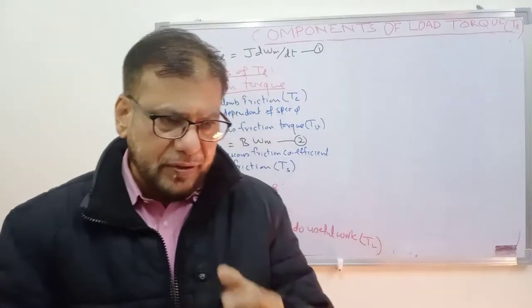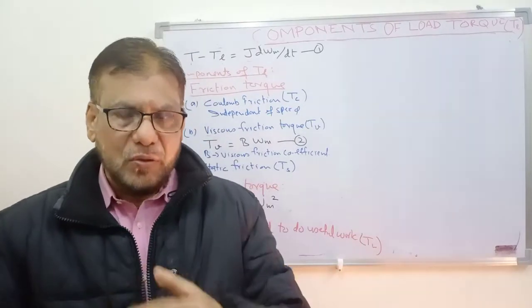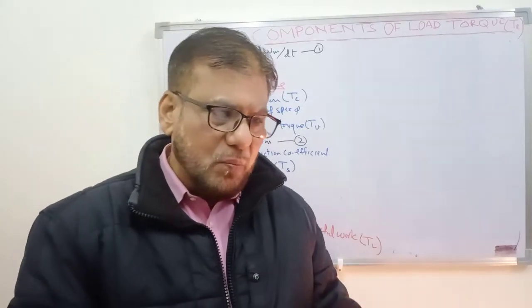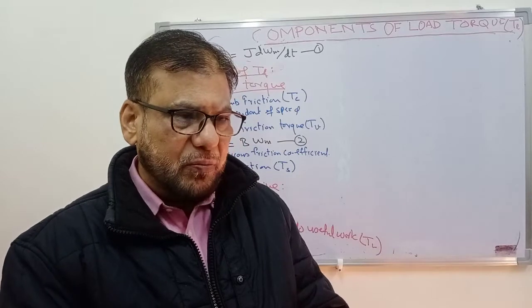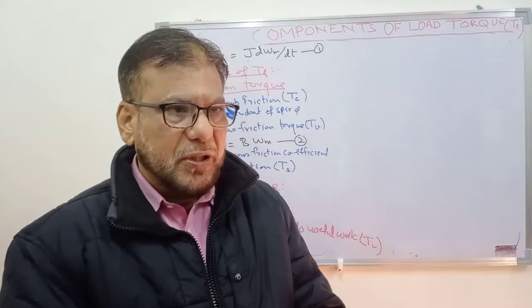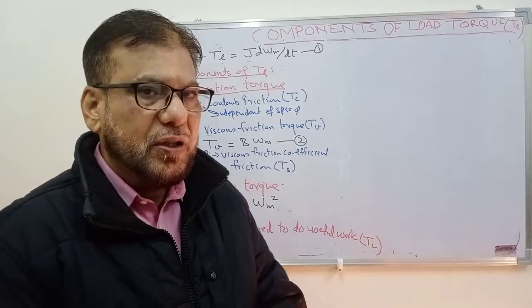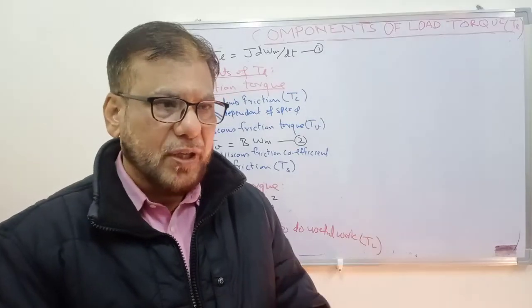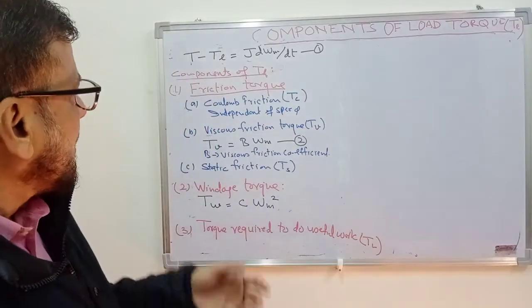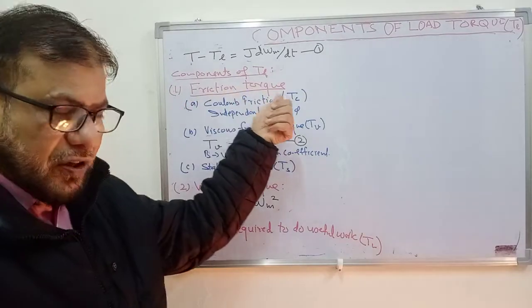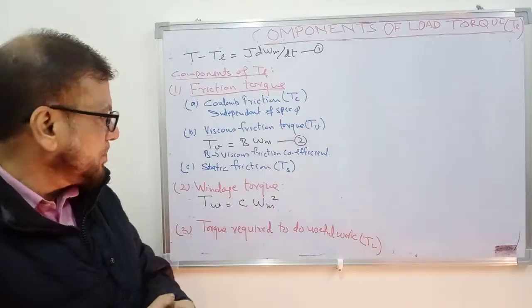The motor has to run, it has to move certain load. The motor shaft will be placed on the frame of the motor. Some bearing will be there. So always there will be some friction that the motor has to overcome. So the major components are the friction torque that the motor has to overcome.